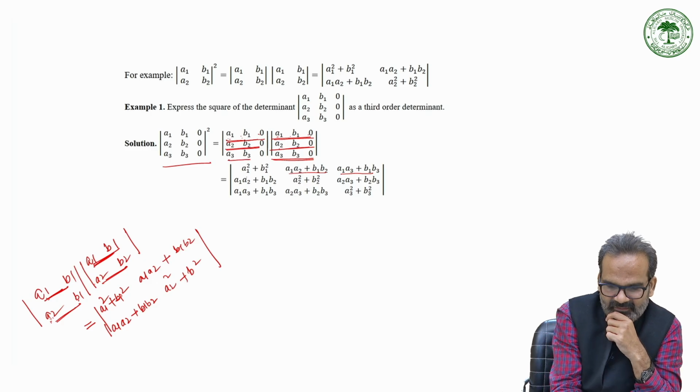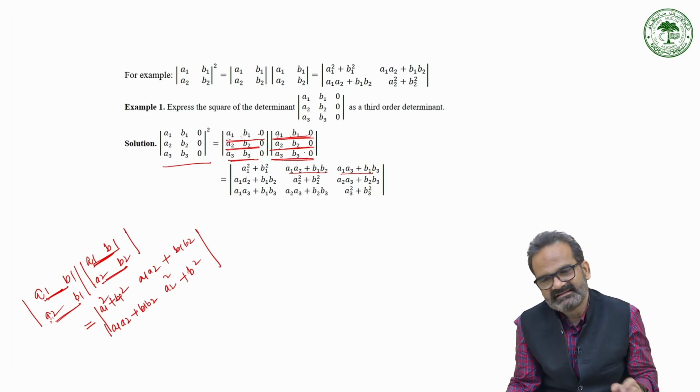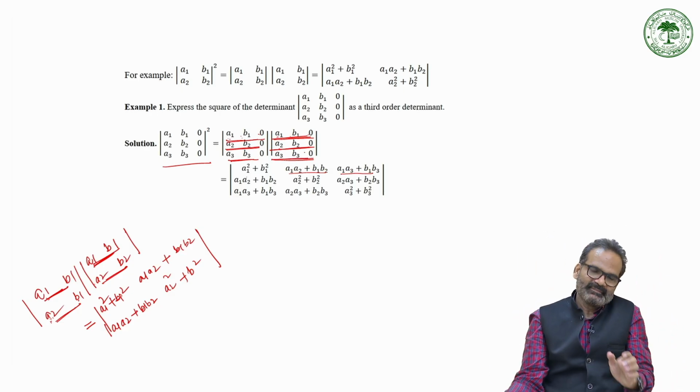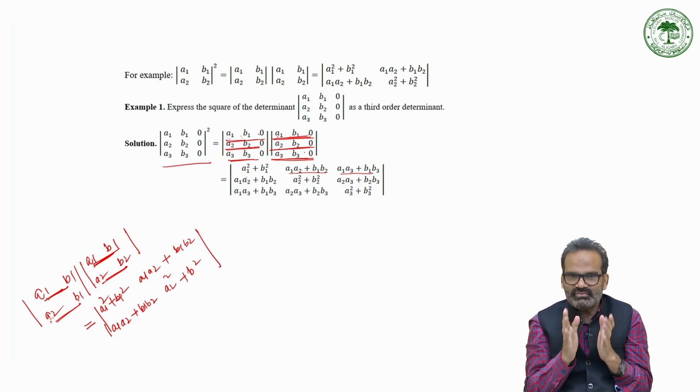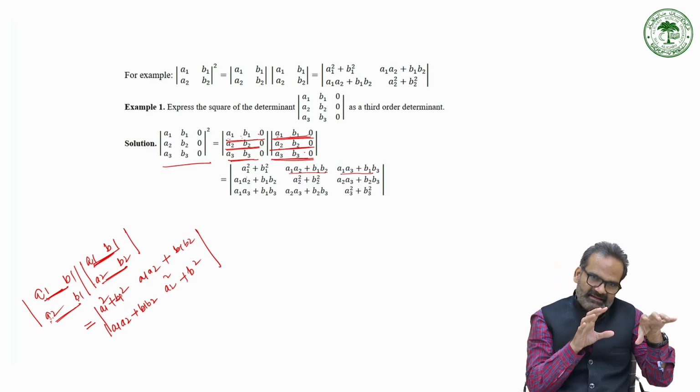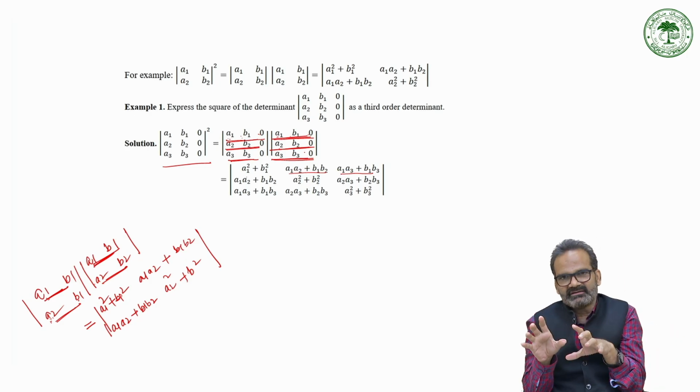Now take the third row of the first matrix and multiply it with the first, second and third rows of the second. So this is how we can multiply two determinants, whether they are of order 2 or order 3.